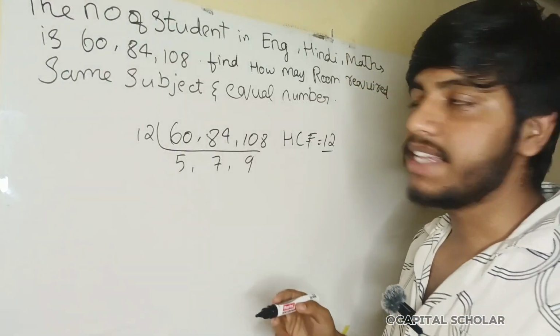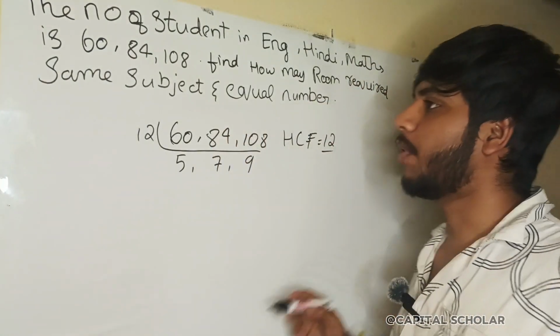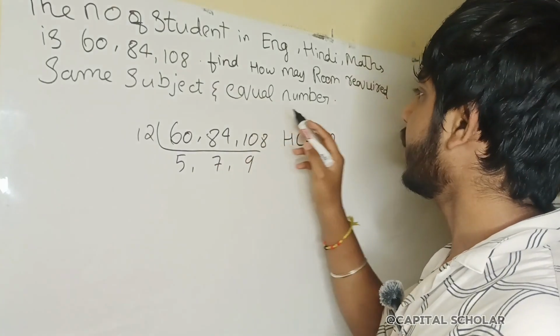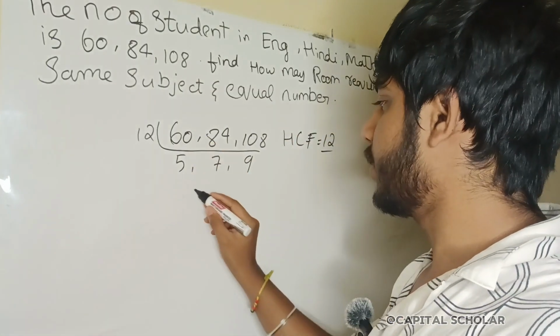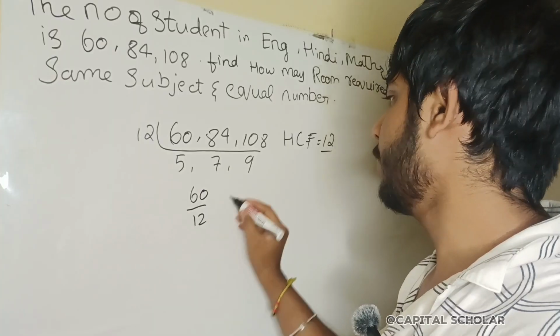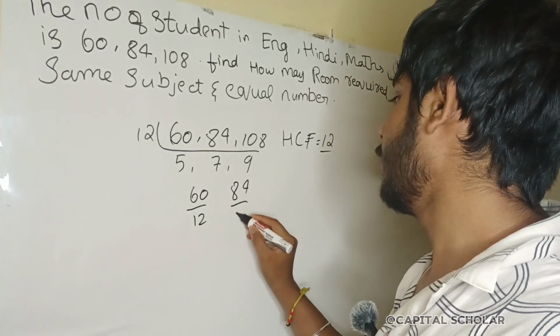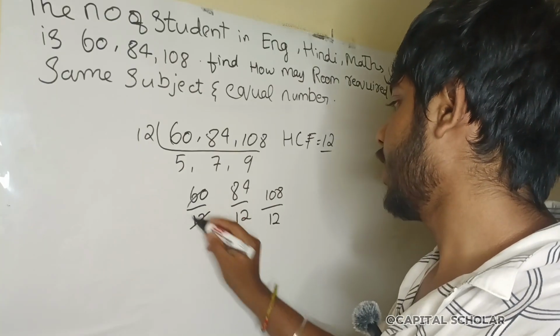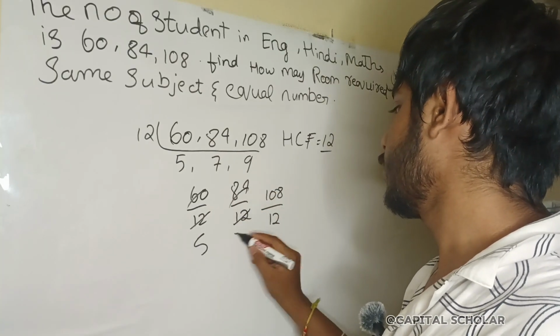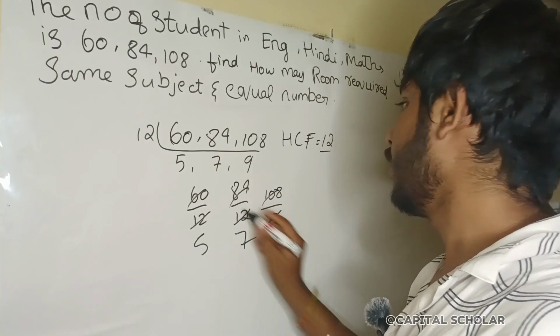So what they asked is how many rooms are required with the same subject and an equal number. So we have to divide these by 12. 60 divided by 12, 84 divided by 12, 108 divided by 12, we get the answers 5, 7 and 9. Plus.